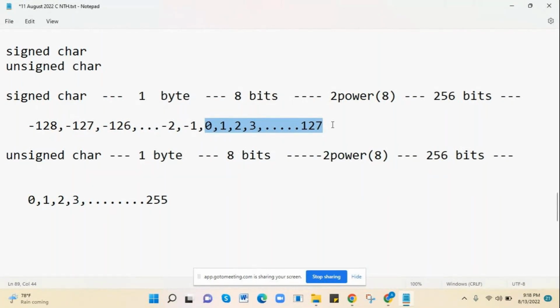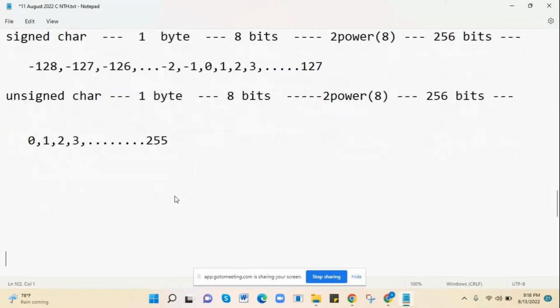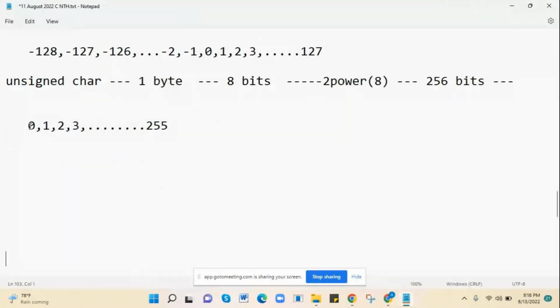So assume 0 is a positive value, then there are 128 negative values and 128 positive values. But here in unsigned char, because it doesn't have any negative values, we consider all values as positive values. So it will start from 0 and end with 255. Why? Because we are including 0 also. That is about signed char and unsigned char.